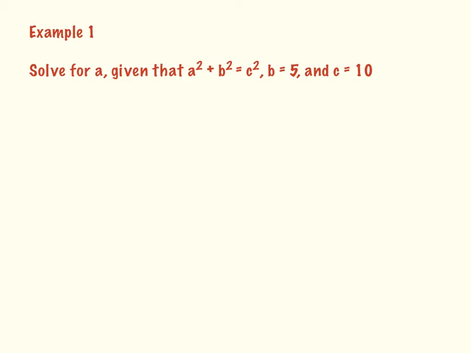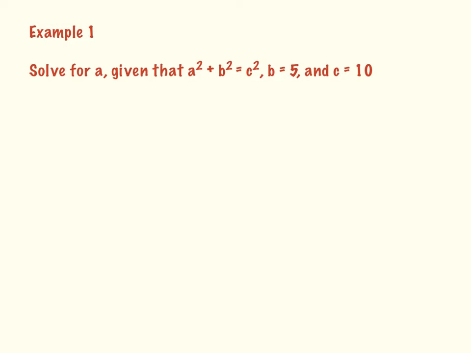So in this first example, we're going to try to solve for the letter A in this formula right here, given that a squared plus b squared equals c squared. And it's telling us at the end, oh yeah, by the way, b equals 5 and c equals 10.